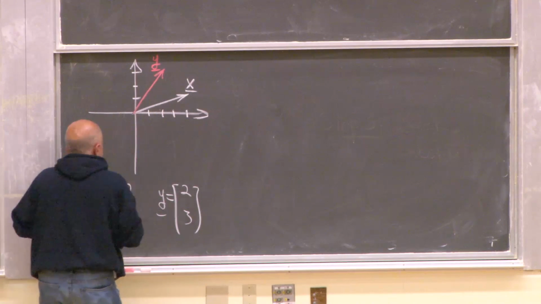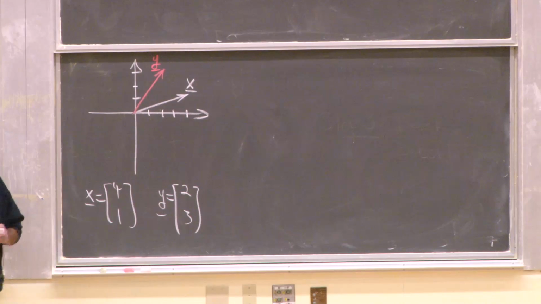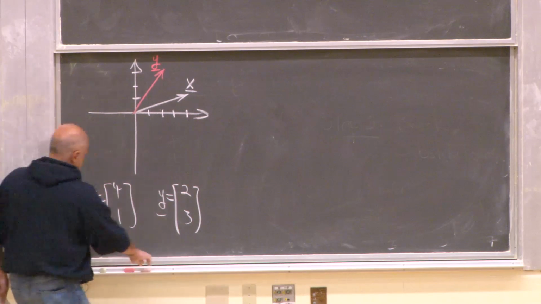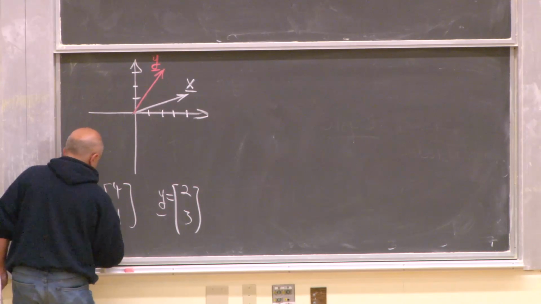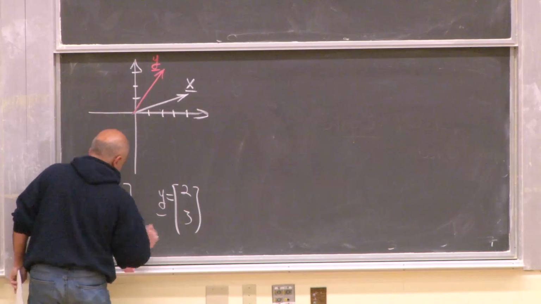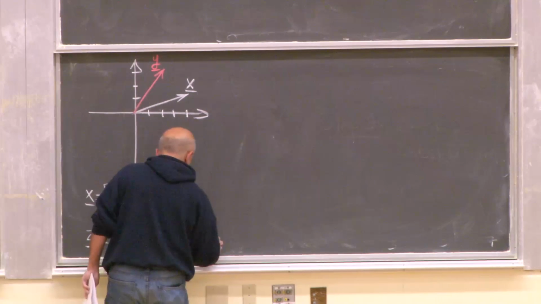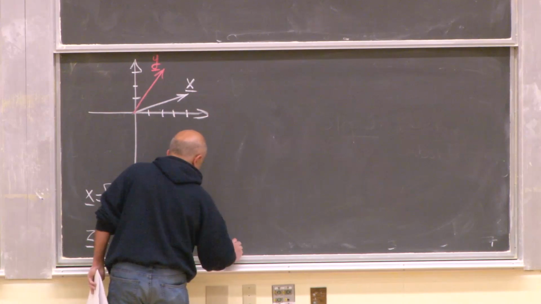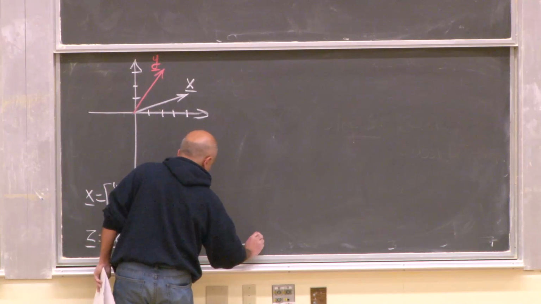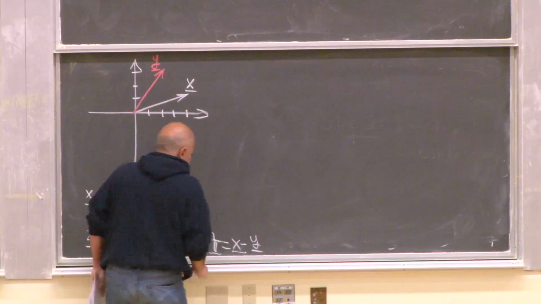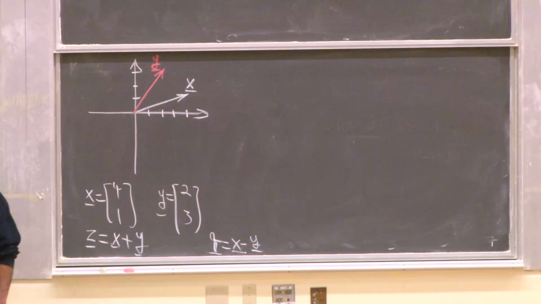Can you draw z for me? And then after you're done with that, so z is x plus y, draw that please, and then draw the vector q, which is x minus y. And see what you get.